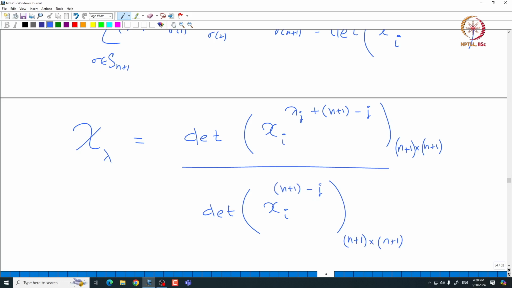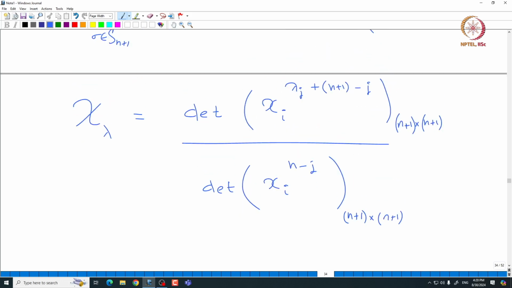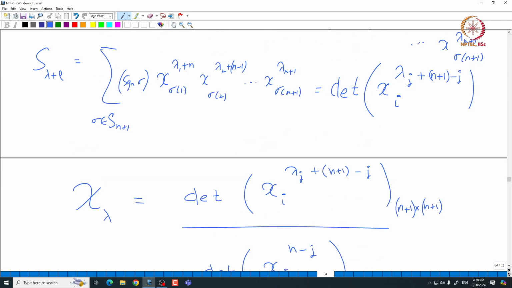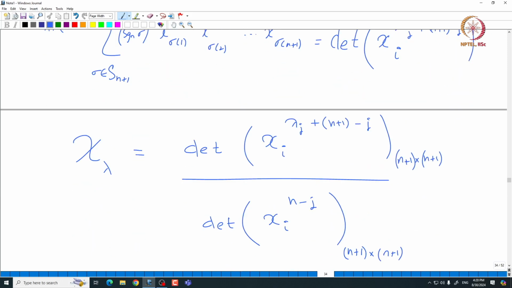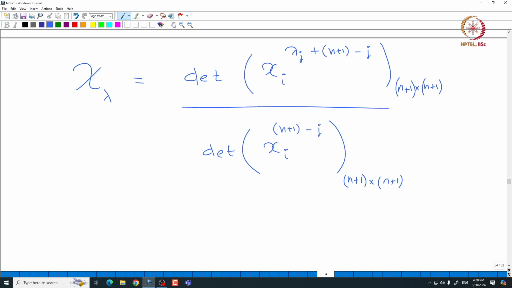So this actually writes down very explicitly the character in terms of the determinant. This is one way to define the Schur polynomial or the Schur function. Given this tuple λ1 etcetera λ_{n+1}, this χ_λ, given by this ratio of two determinants, is called the Schur polynomial.